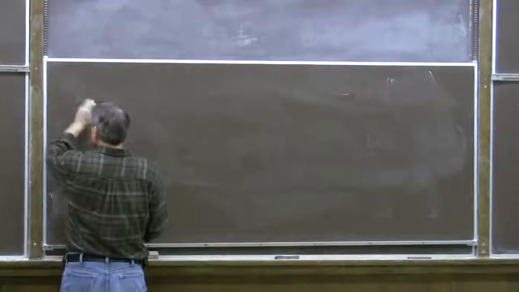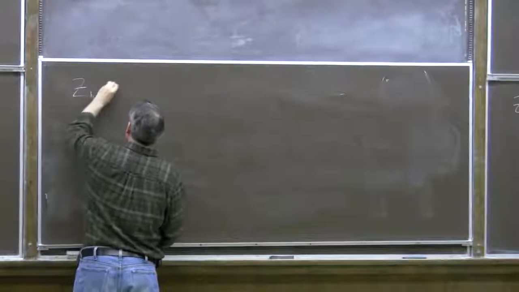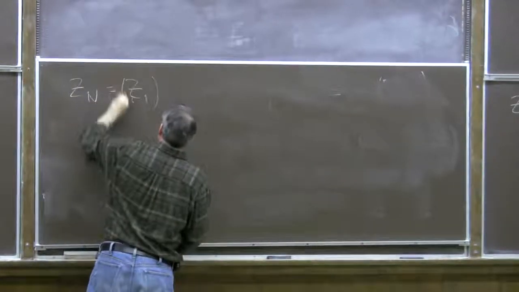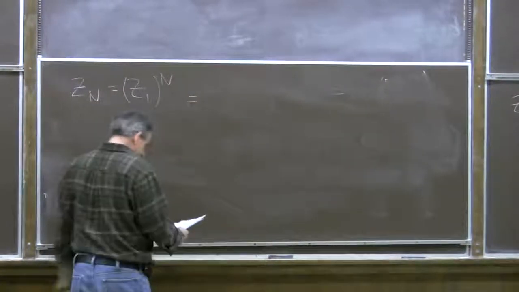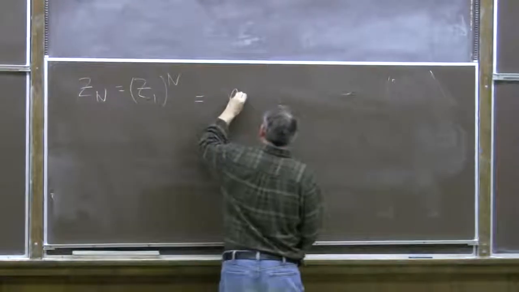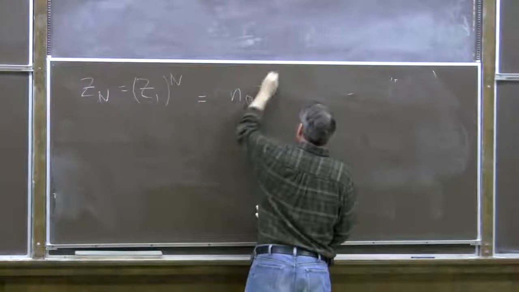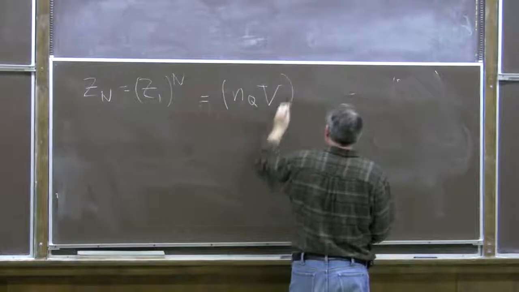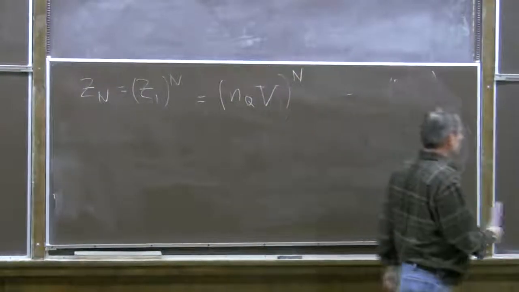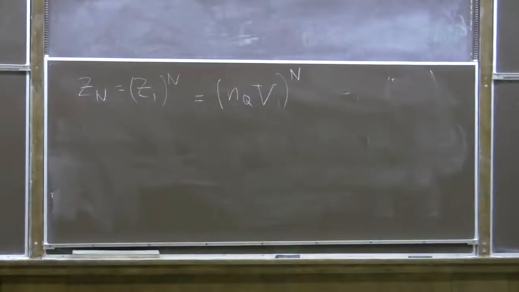Quantum concentration times volume. So the n particle partition function, which is Z1 to the n, is quantum concentration times volume raised to the n. Okay, and this is the quantum concentration.